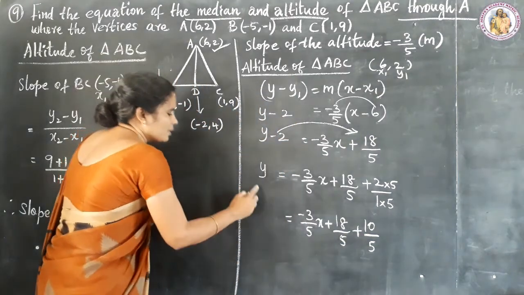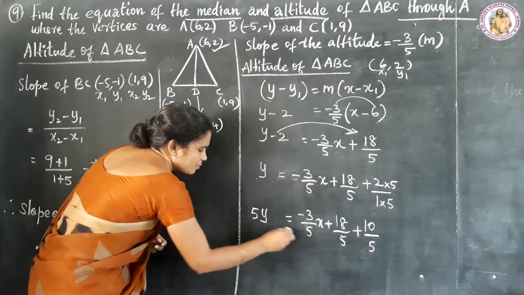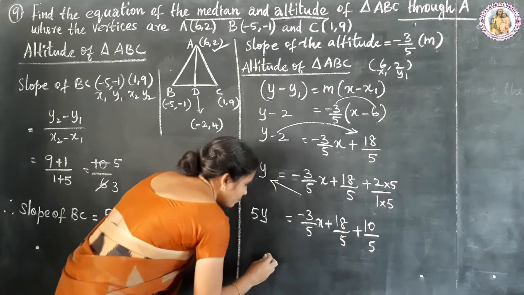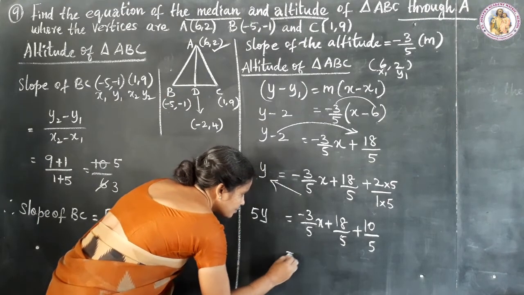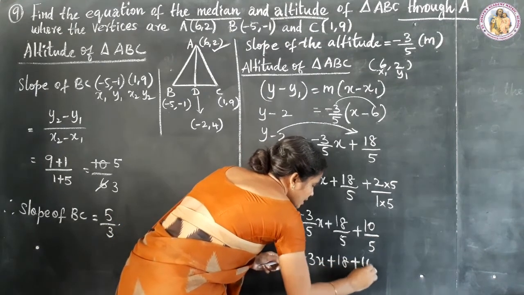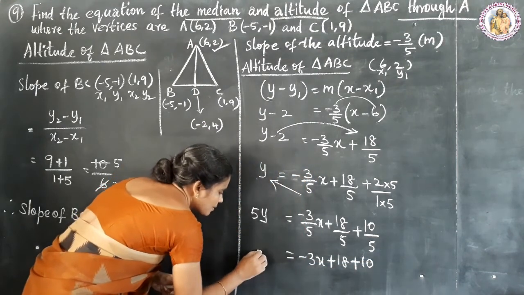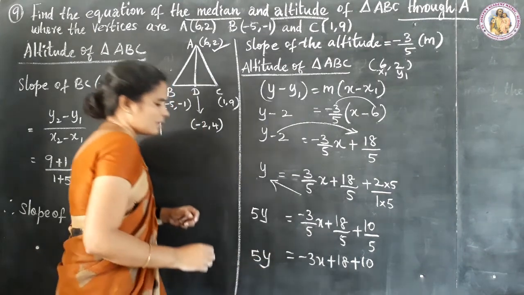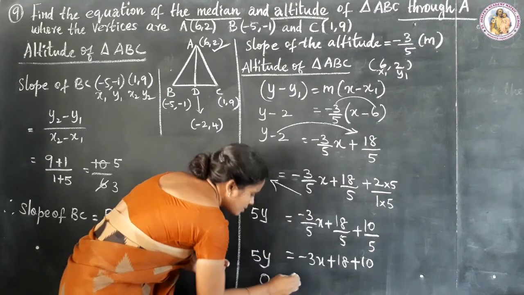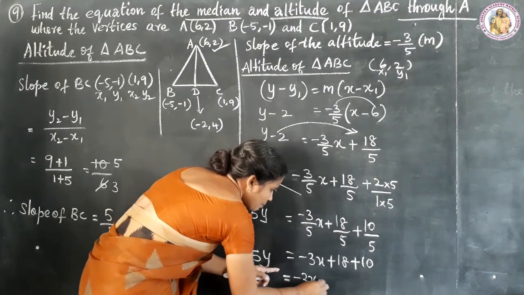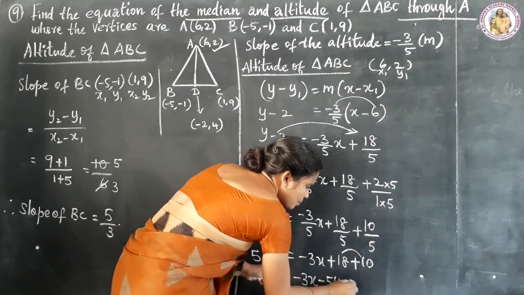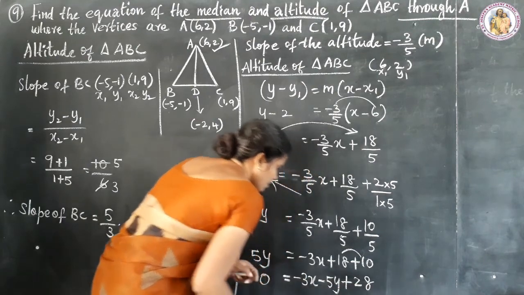Y must also be multiplied by 5, so 5y. Removing the denominator 5, we write minus 3x plus 18 plus 10, so minus 3x minus 5y plus 28 is equal to 0.